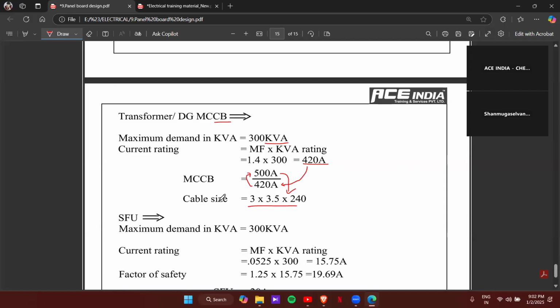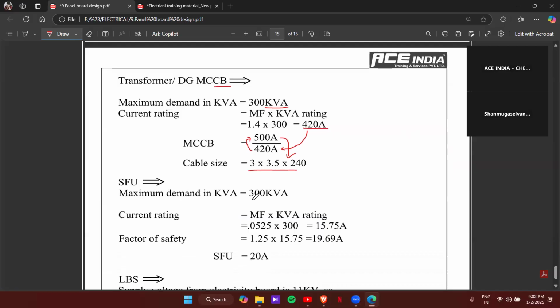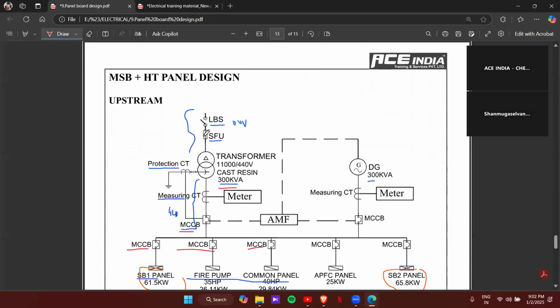Then the SFU, again taken based on the kVA rating itself, so 300 kVA. And you can already note that SFUs are placed on the primary side, right?